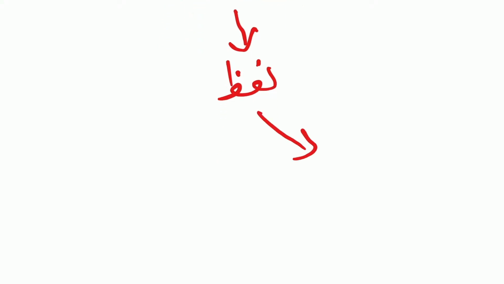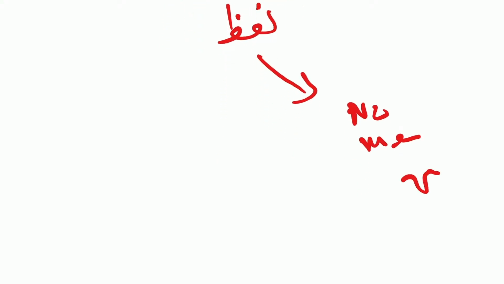That lafz, if it has no meaning, we will call it muhmal, like daizun. And if that lafz has a meaning, we will call it kalima. Okay? A meaningful lafz is called a kalima. Meaningful lafz is called what? Kalima. A meaningless lafz is called what?